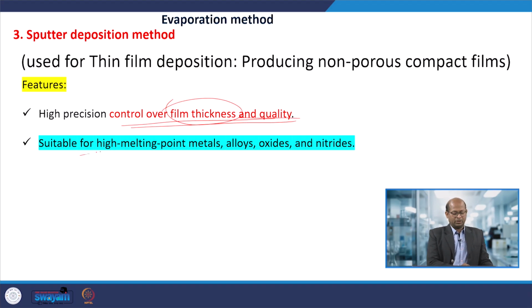This method is suitable for high melting point metals and alloys, oxides or nitrides.